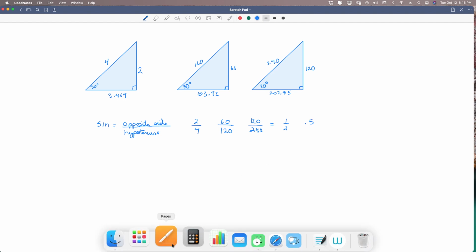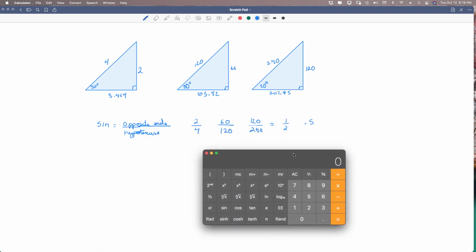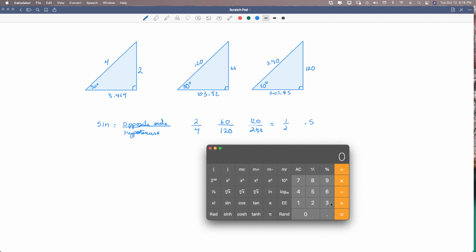Now, if you'll take your calculator out, let me get my calculator to start up here. You can see if I type in 30 sine, I get 0.5.